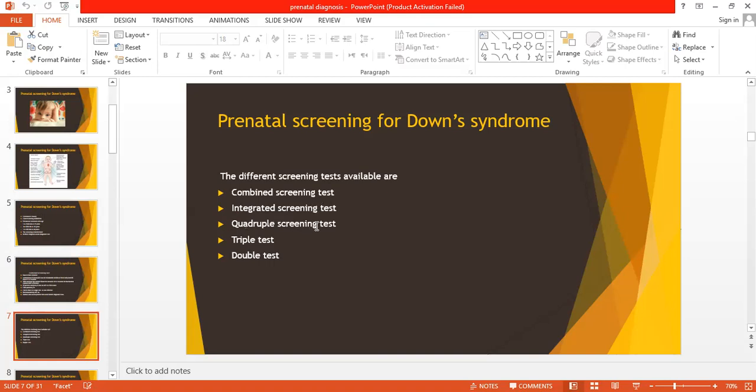The quadruple screening test is recommended when a mother presents late in pregnancy, in her second trimester, and this is done in the second trimester. The triple and double tests again are done in the second trimester.